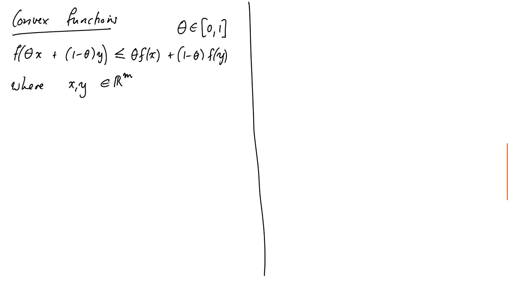Okay, so what can we say about this? What can we do with this thing? Okay, let's draw a picture. So I'll stick with a 1D case at the moment. Let's say we've got a function of one variable. So here's x along here, and I'll mark my points x and y along this axis here.